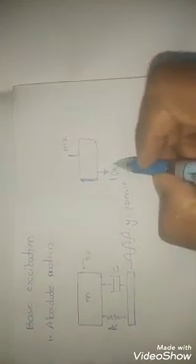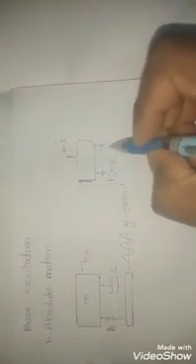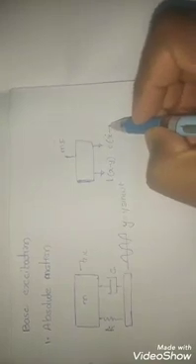Let us write the free body diagram of the mass. The forces are m x double dot, K times the difference of displacement of the mass and the supporting element, x minus y, and C times x dot minus y dot.